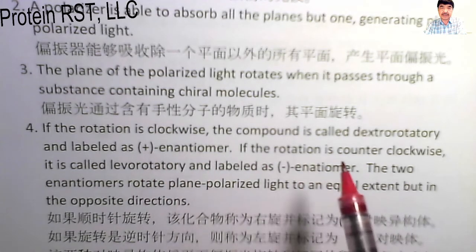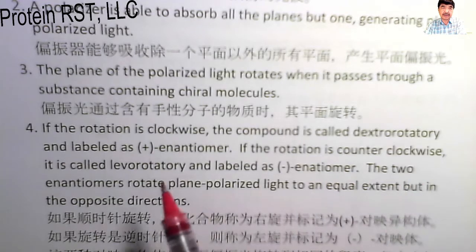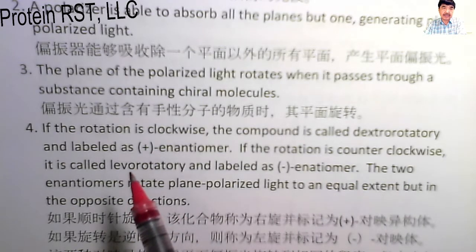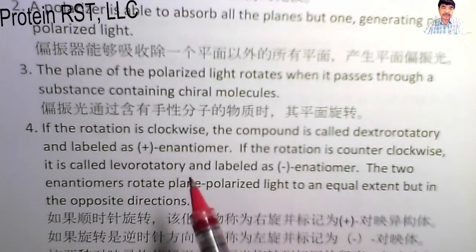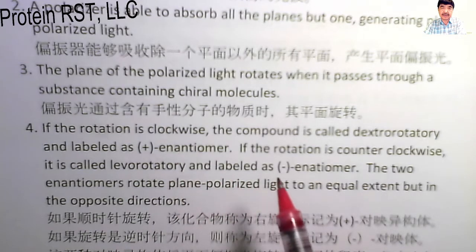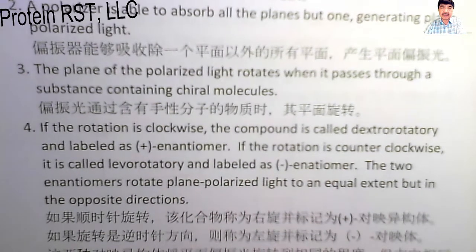If the rotation is counterclockwise, it's called levorotatory and labeled as a minus enantiomer.